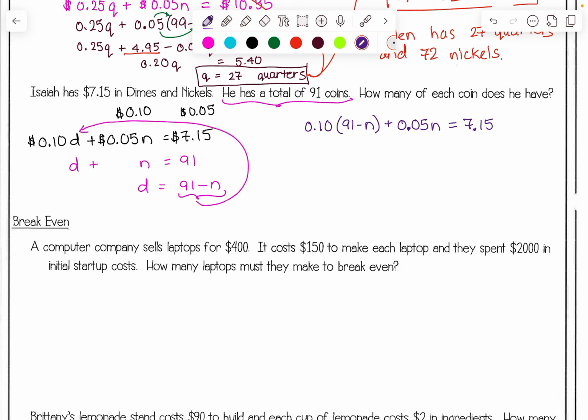We're going to get familiar and comfortable with decimals. So applying the distributive property here, I have 9.1 minus 0.10 N, or just 0.1 N, plus 0.05 N, which is equal to 7.15.